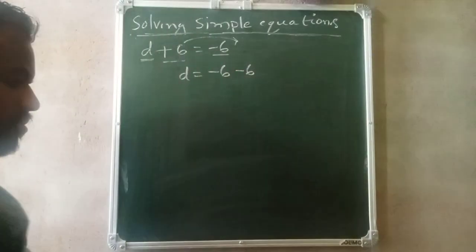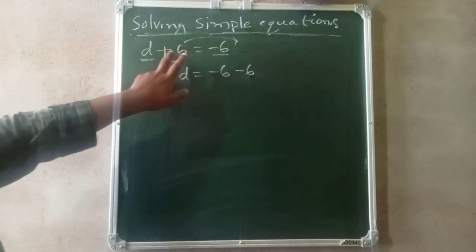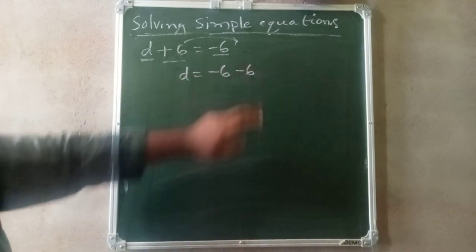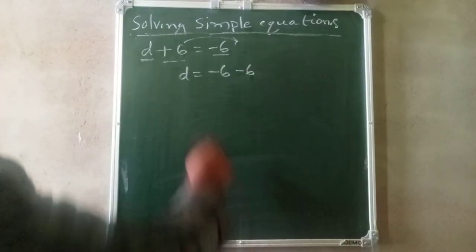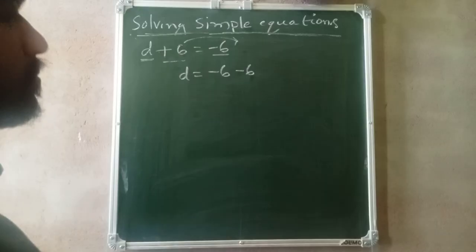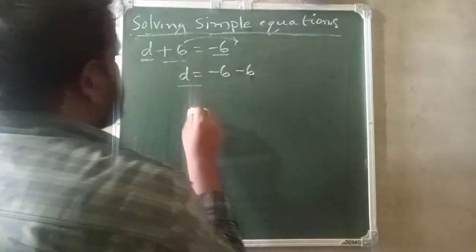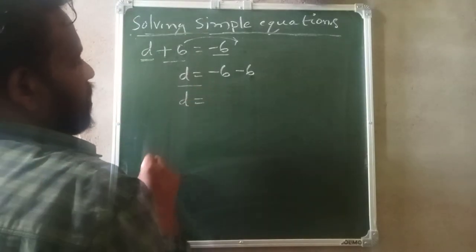That means 6 same, plus changes to minus, because we are moving this to that side. We moved that. So next step, write this d is equal to as it is.